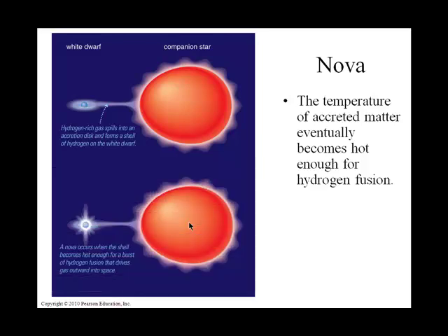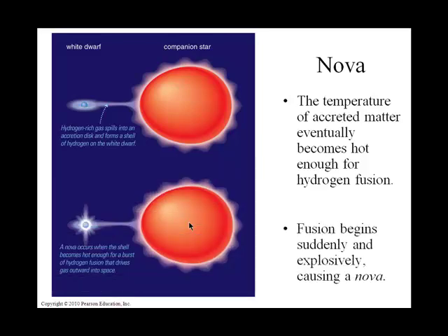But what can happen is that the material in the accretion disk can get hot enough. Now this is material coming from that giant star in queue to land on that white dwarf. It can get hot enough to begin this kind of unbridled explosion. We can have nuclear fusion. I know it sounds kind of strange, but those hydrogens can get moving fast enough that they can slam into other hydrogens and fuse to form helium.